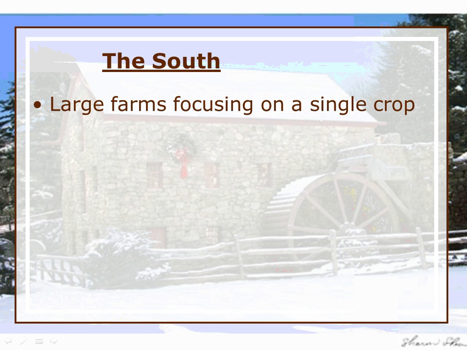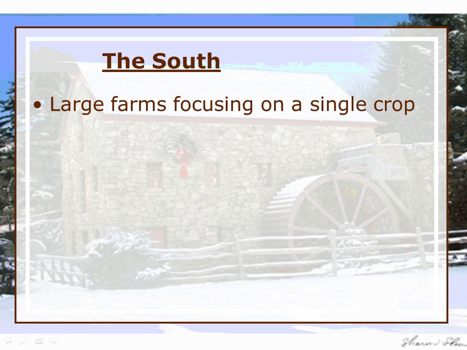This huge farm over here is only going to grow tobacco. This farm over here is only going to grow rice. This farm over here is only going to grow indigo, which is used for making ink. What were those large farms that focused on a single crop called?